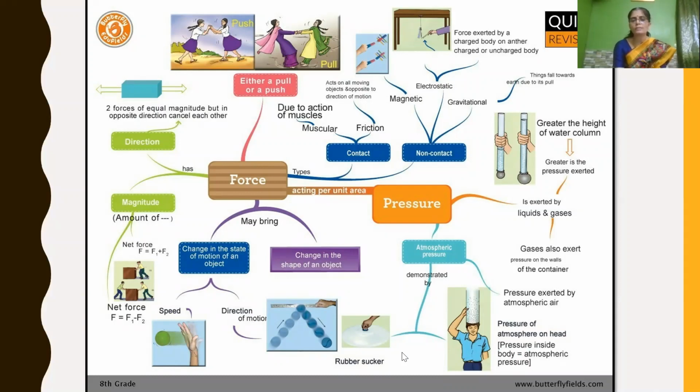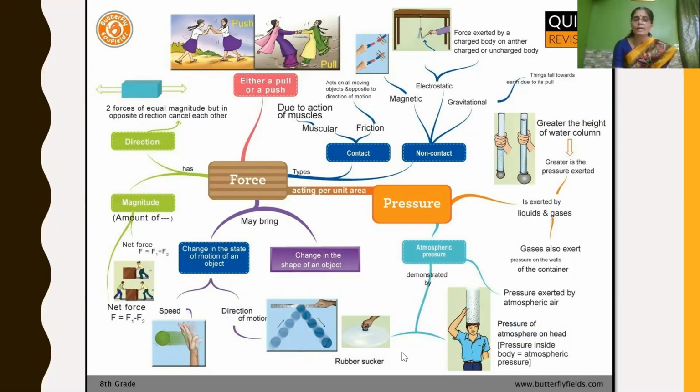So children, till now we have discussed the main concepts. You should know what force is: it is a push or pull on an object. There are two types of forces, contact force and non-contact force. For contact force, you should know about muscular force and frictional force. The types of non-contact force are magnetic force, electrostatic force and gravitational force.